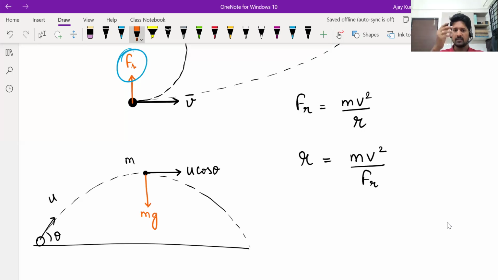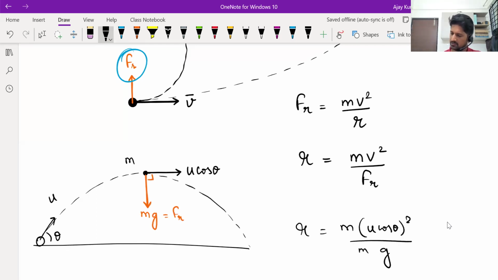When the particle is at H max, exactly at that position, gravity is directly perpendicular to the velocity. So this itself becomes the radial force. Then you can tell the radius of curvature as mv squared, that is (u cos theta) whole squared, divided by the radial force mg. That is the radius of curvature of that parabola at H max.